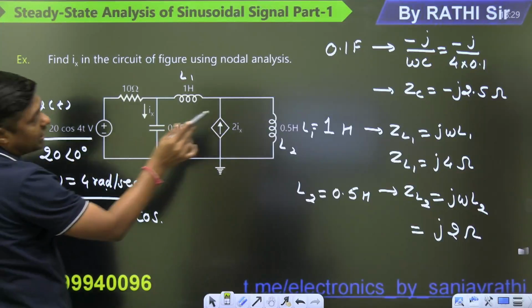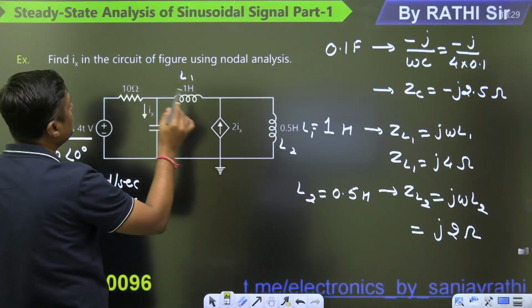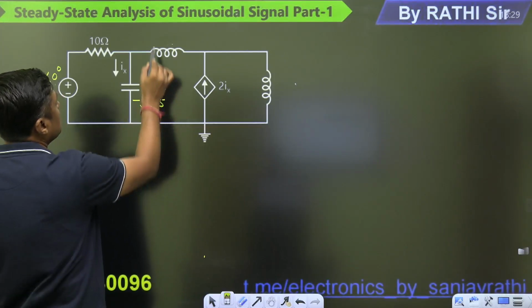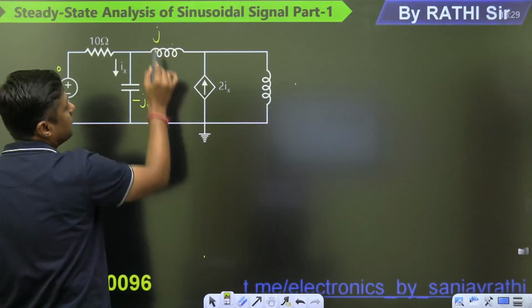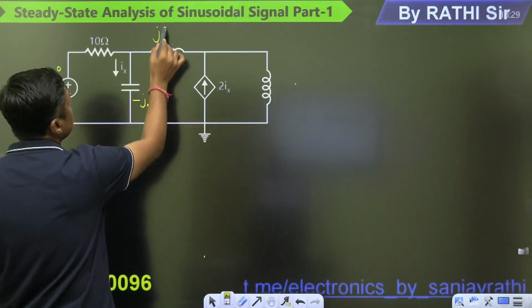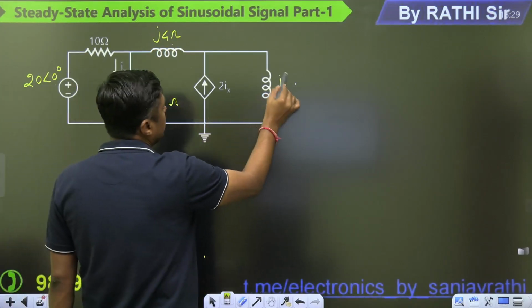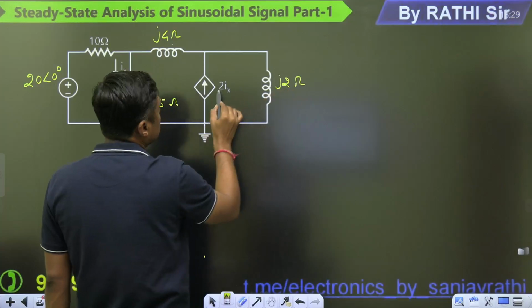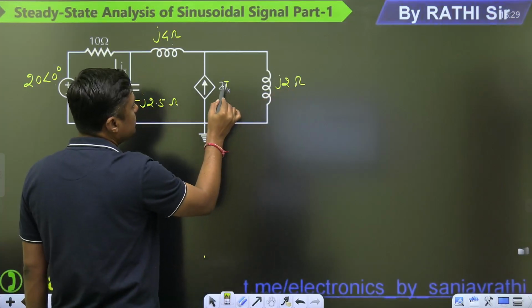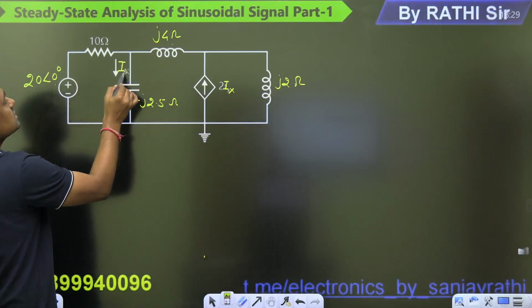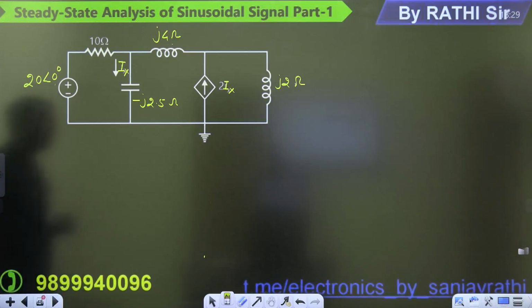What is the value of the capacitor? Minus j 2.5. What is the first inductor? J4 ohm. And the second inductor, J2 ohm. Ix you have to represent in caps, as a phasor.